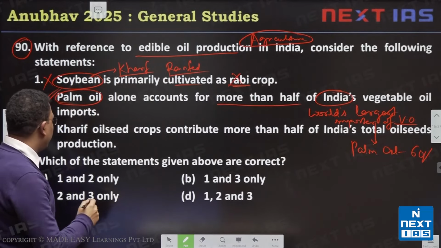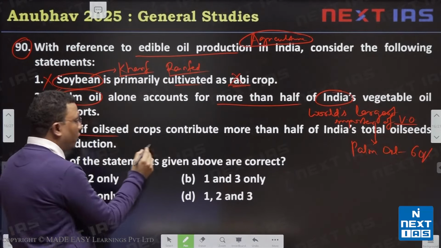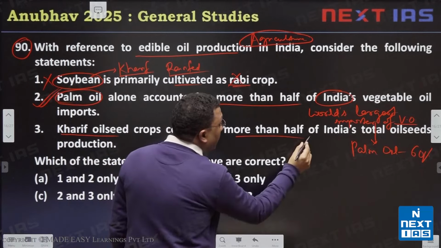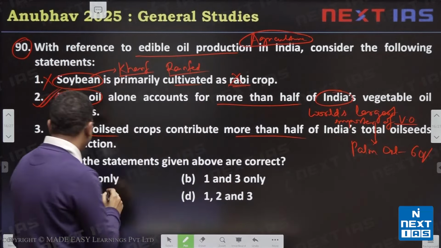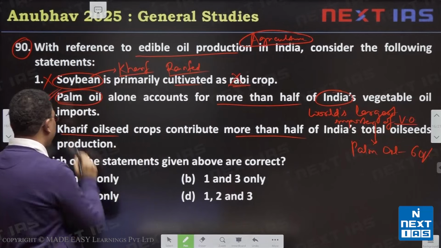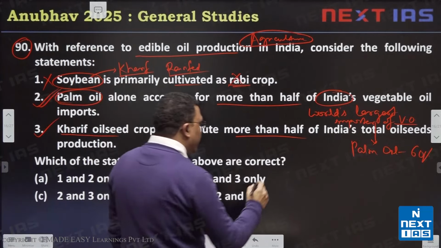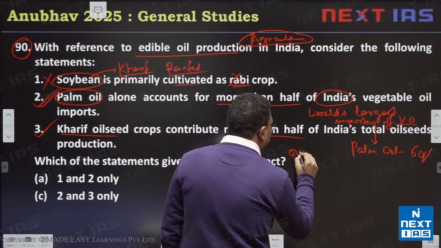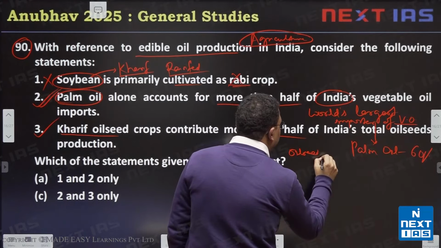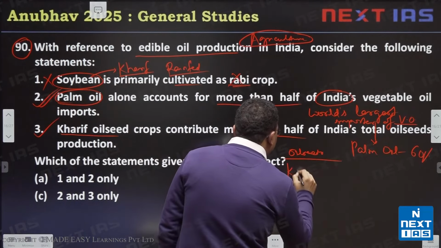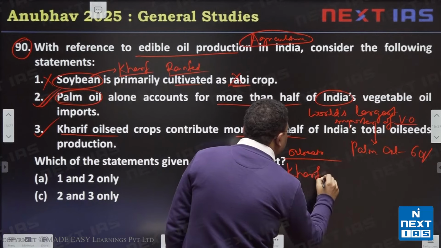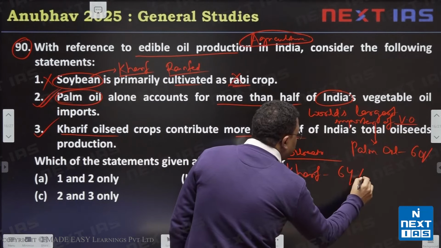Now let's see the third statement. Kharif oilseed crops contribute more than half of India's total oilseed production. This is also a correct statement. If you see the breakup of oilseed production in India in terms of seasons, right? Kharif oilseed crops contribute almost 60%.